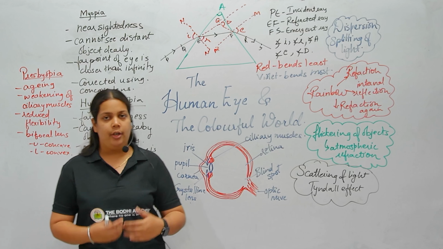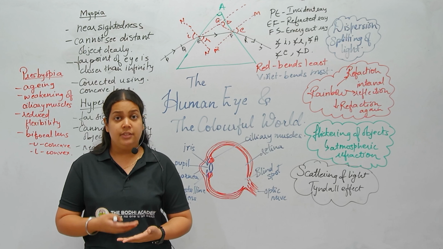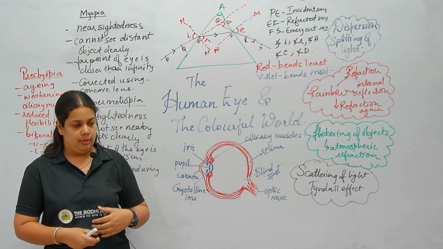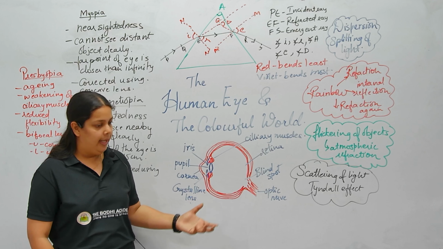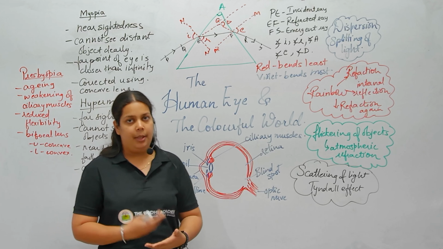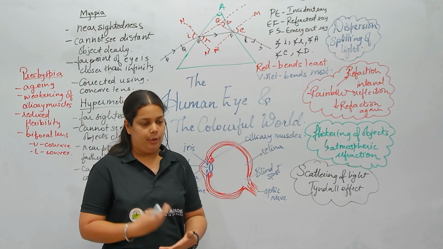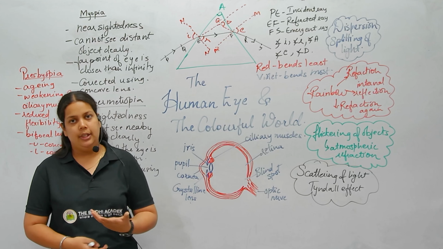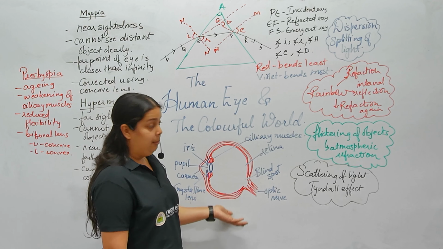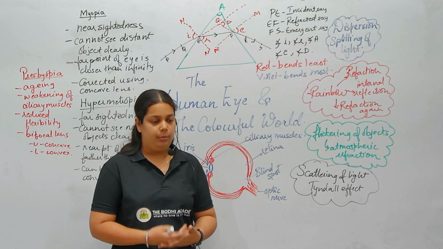And when you are looking at the objects which are very close to you, the muscles contract and the curvature of the lens increases, and we are able to see the nearby objects clearly. Consequently the focal length of the eye also decreases, and this enables us to see the nearby objects clearly.